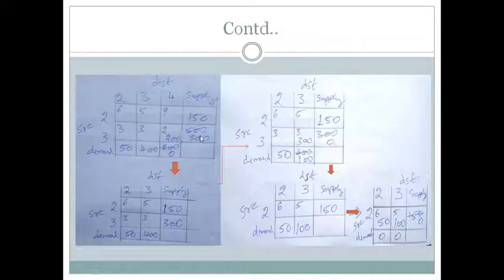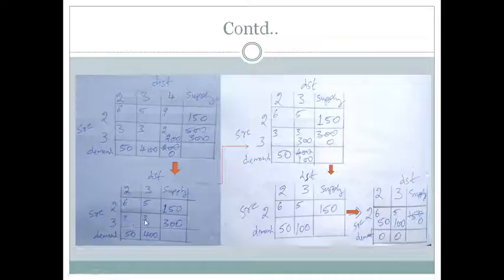So the new value of supply is 300 and the new value of demand is 0 here. Again the same procedure. The demand has become 0, the fourth column is deleted, so we are left with 2 rows and 2 columns.